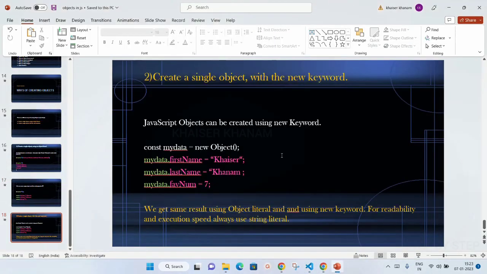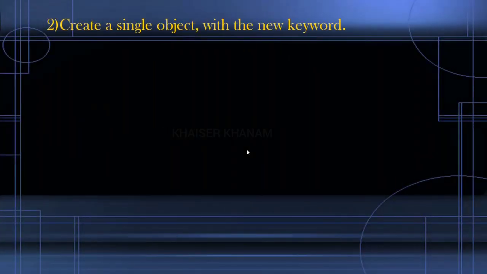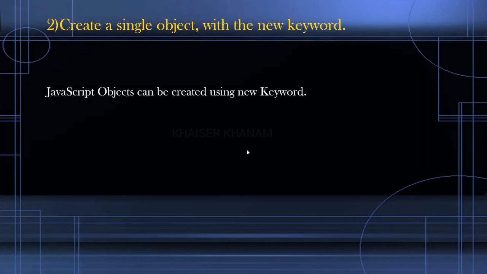Now let's see about another way of creating an object. Creating a single object with a new keyword. Objects are created using this new keyword as well, but for simplicity, we always suggest creating objects using object literal, because for readability, for accessibility, for execution speed, whatever it is, when it comes to the new keyword, it is a little bit slow, but object literals are very fast.